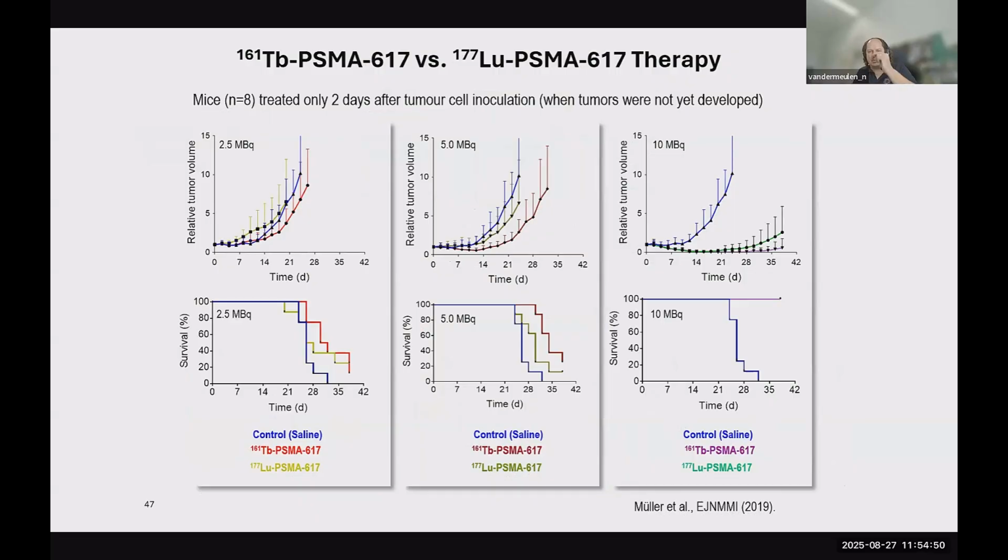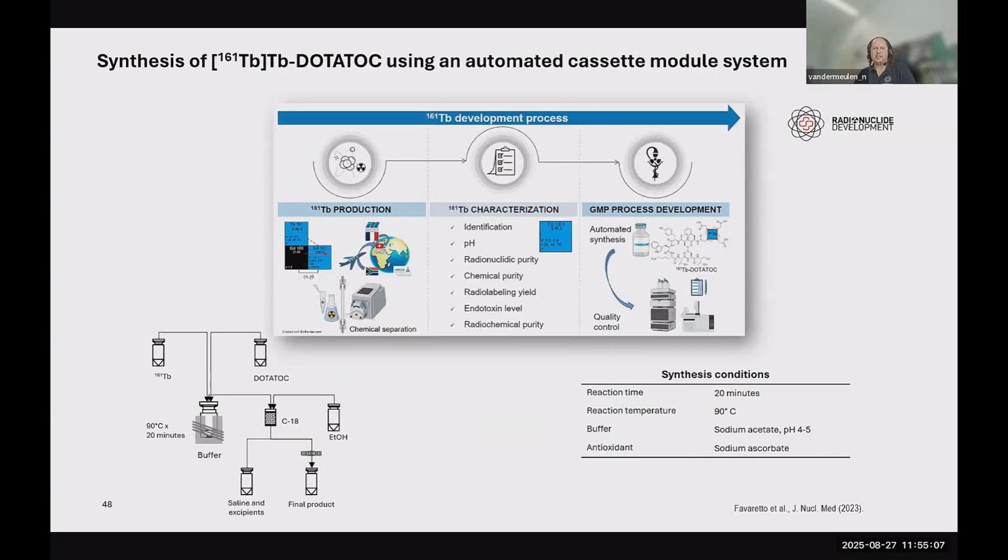So we've managed to label this at 100 MBq per nanomole, and my colleague Christina Müller here at PSI has done excellent work to show how effective terbium-161 PSMA is over the likes of lutetium-177. And this has also allowed us to pursue the concept of a clinical study.